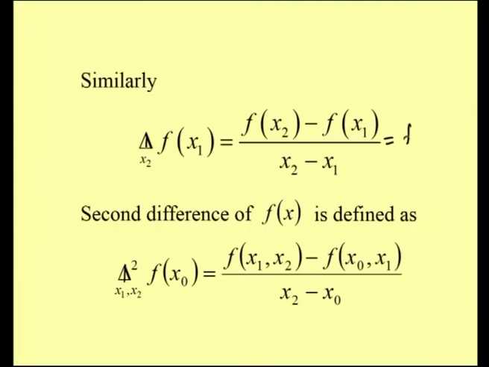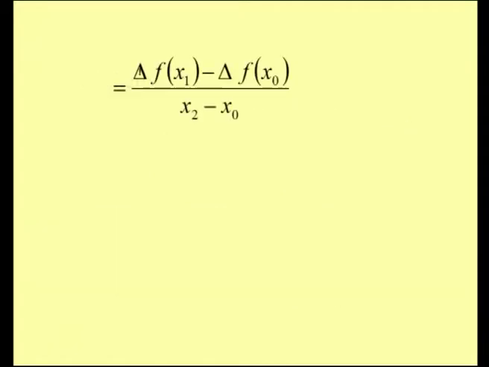So, del square f of x0 is f of x1 comma x2 minus f of x0 comma x1 divided by x2 minus x0. This is the divided difference formula.